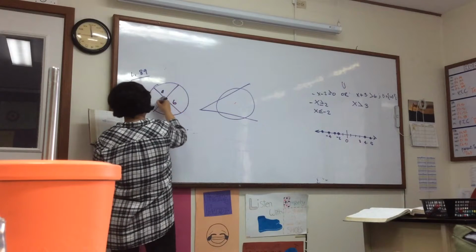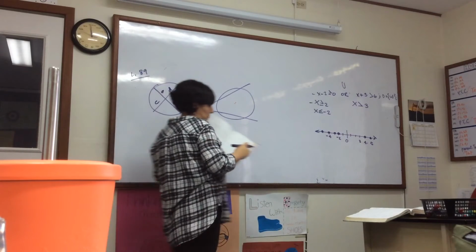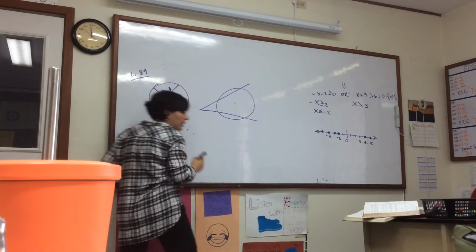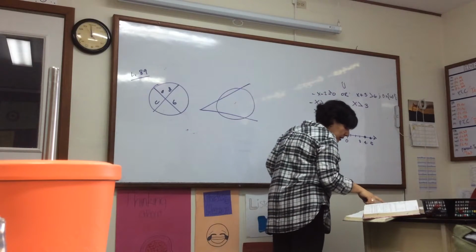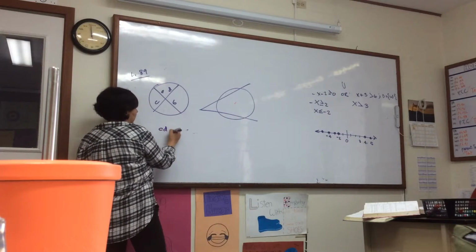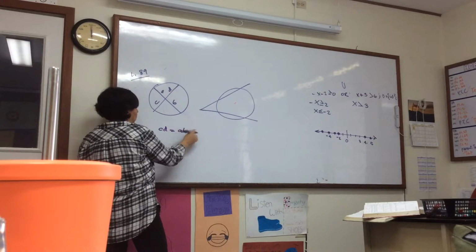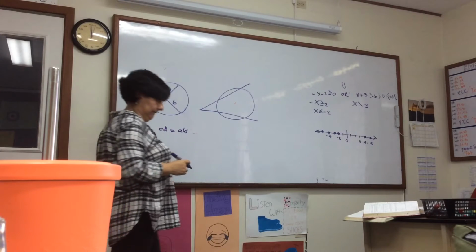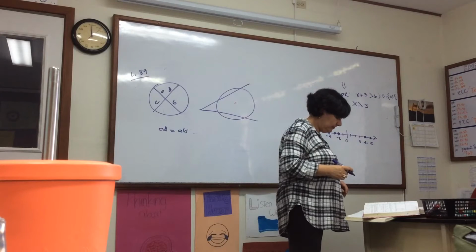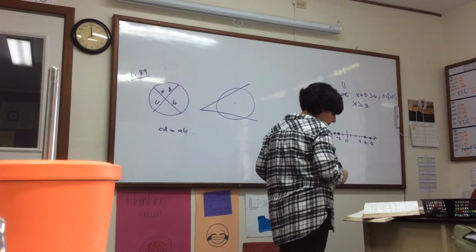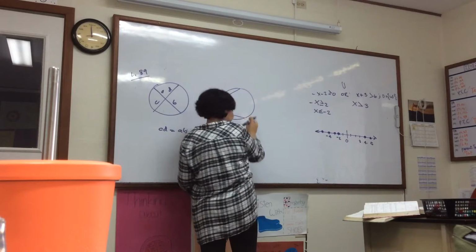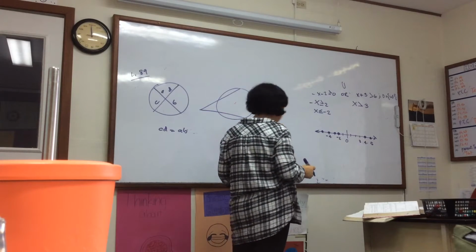A, B, C, D. So we write on the notebook right now. I'll explain what that is. Which one is that? There's not an example.